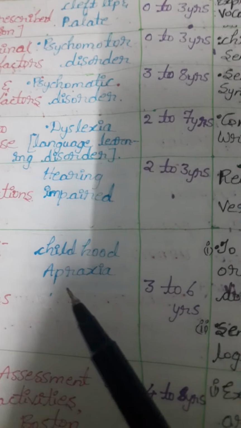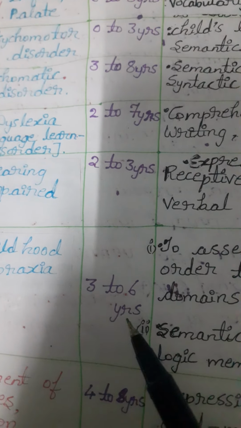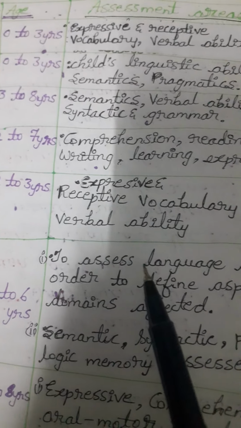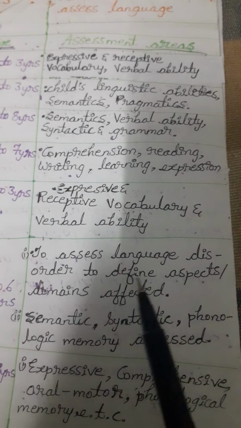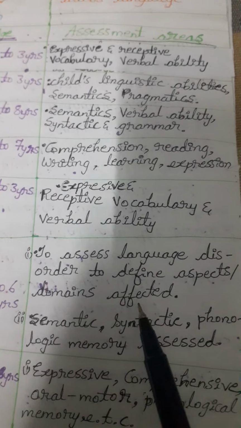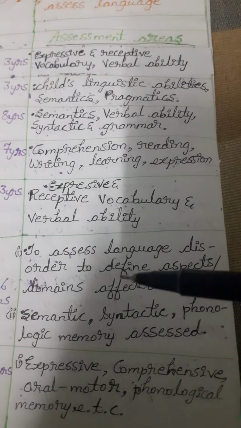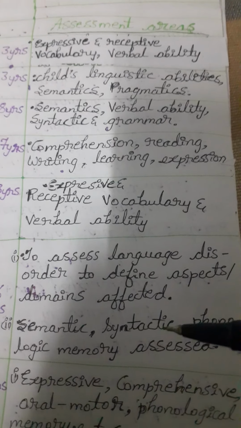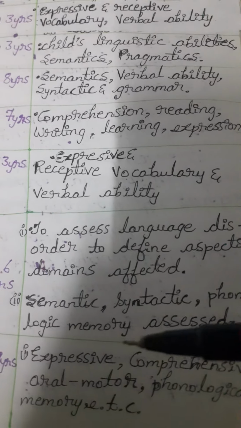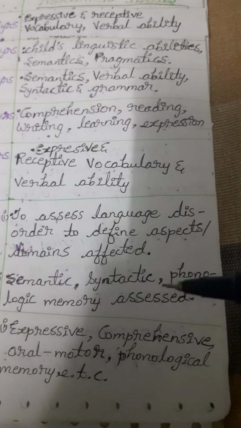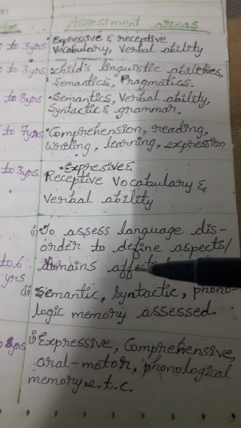Its disorder is known as childhood apraxia. Ages affected may be 3 to 6 years. Assessment areas are to assess language disorder and to define aspects and domains affected. So this test will help to assess the language disorder and to define the aspects and domains affected as well. Semantic, syntactic, and phonologic memory will be assessed by this apraxia profile test.